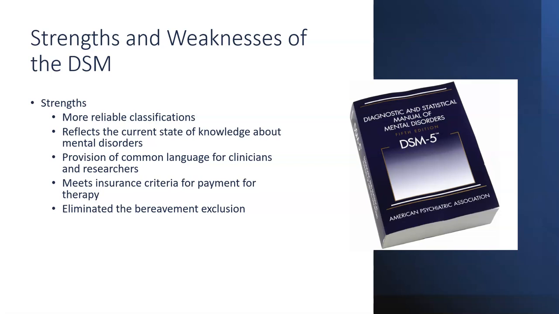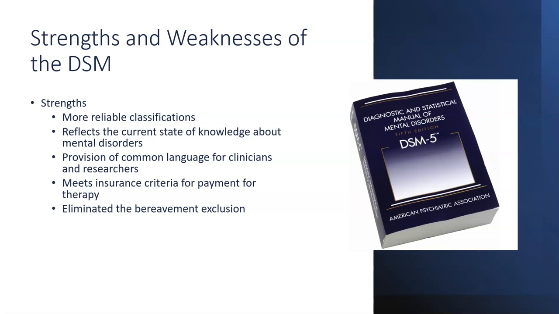It is designed to reflect the state of the research literature that surrounds all of the categories of disorders. And that means that from one version of the DSM to another, as the research database improves and changes, the DSM has to adapt to reflect the current state of knowledge that we have.